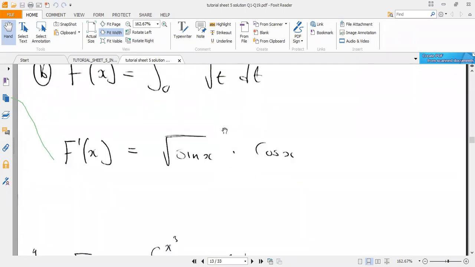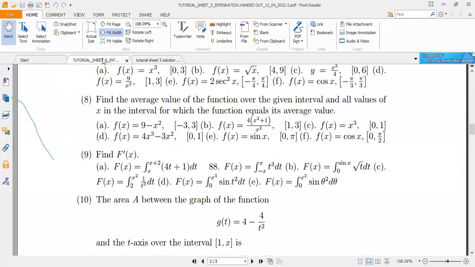In the integral from 2 to sine x, do we ignore the 2 and just replace the sine x into the function and multiply by the derivative? You're talking about this one?